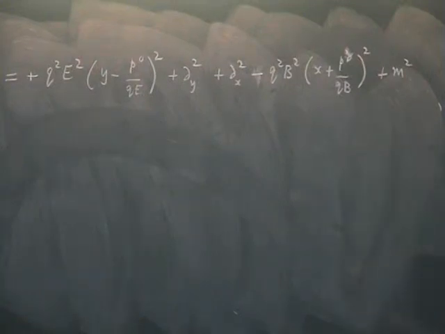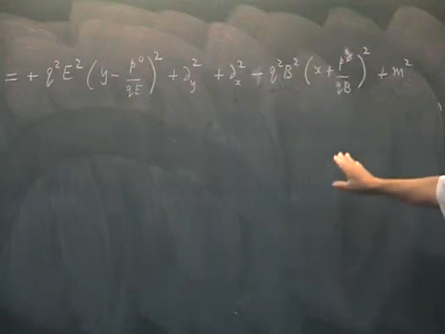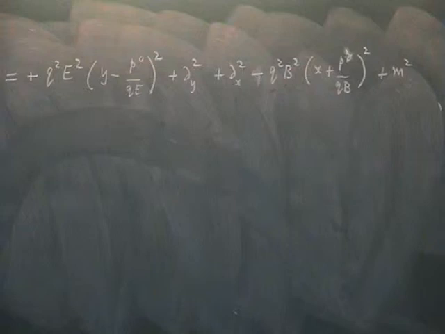Half m x dot square minus half omega square x square or plus omega square x square are quadratic potentials. So by changing omega to i times omega, I can evaluate the path integral for either or not. So I know the path integral kernel for this problem. So the path integral kernel for this Hamiltonian can be written down. The coincidence limit of the path integral kernel. That's how the entire problem can be solved.